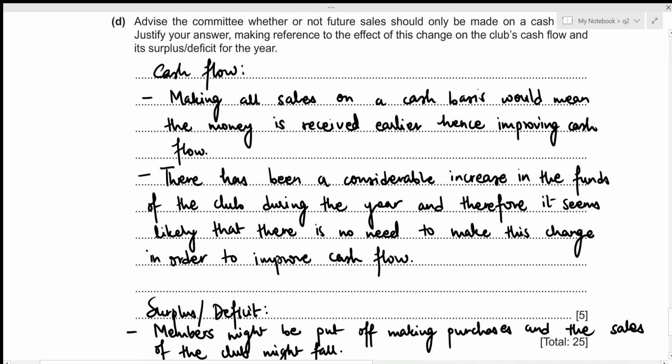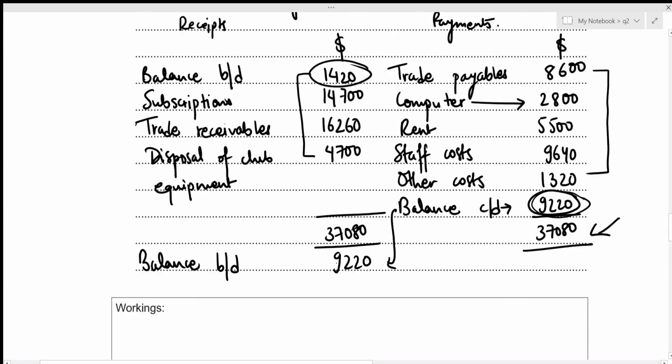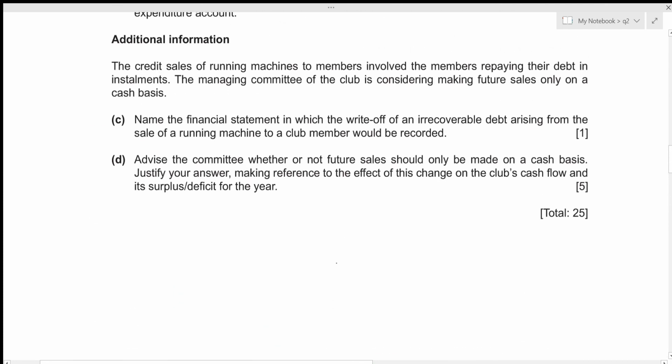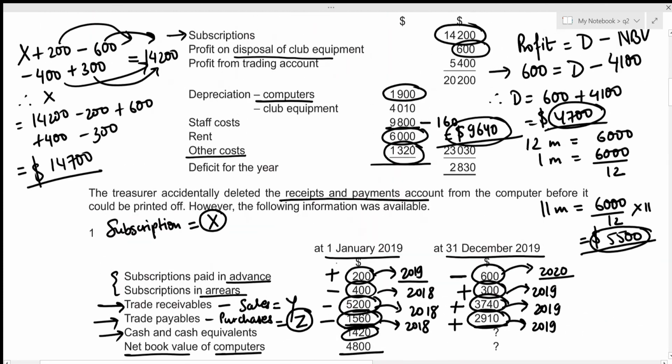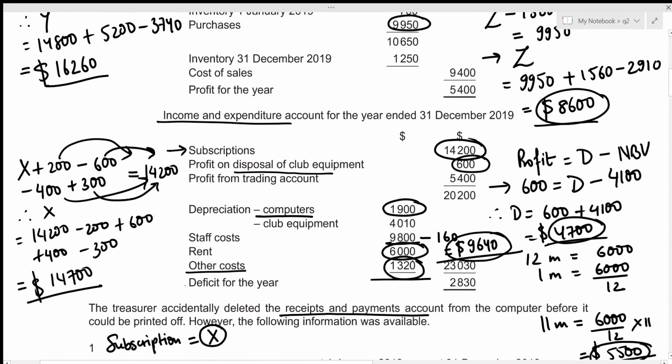And let's have a look at our income and expenditure accounts to see if there was a surplus or deficit. Okay, we can see that there was a deficit for the year, which is essentially a loss, right? So if we are only allowing for cash sales, which could possibly result in low sales value, then this deficit can increase due to that particular reason, which is not a good thing for this club.